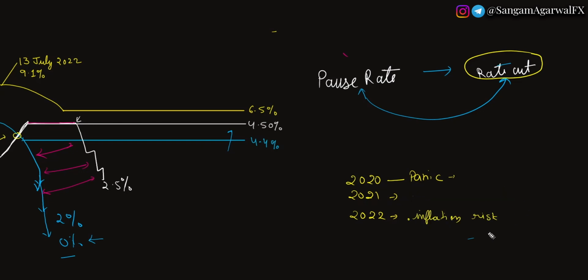So last year was inflation risk, but this year, 2023, inflation risk is gone because the Fed interest rate is now above core PCE, and this year the risk is job loss, and this is the most important thing.